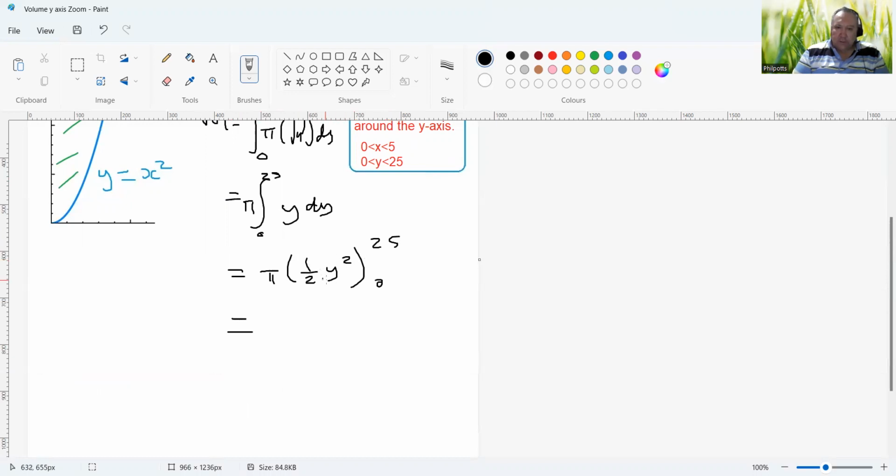And 25 squared is 625, and obviously 0 squared is 0, so we'll end up with 625 over 2 pi. Good, and we can calculate the value of that to get the volume of that blue shape.